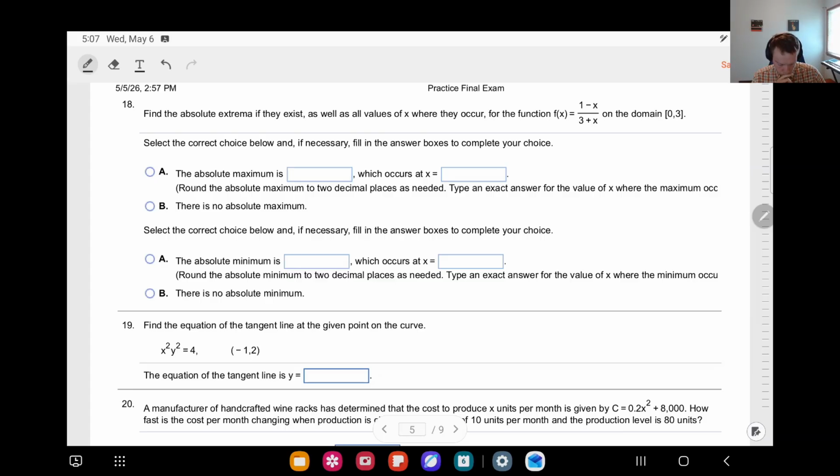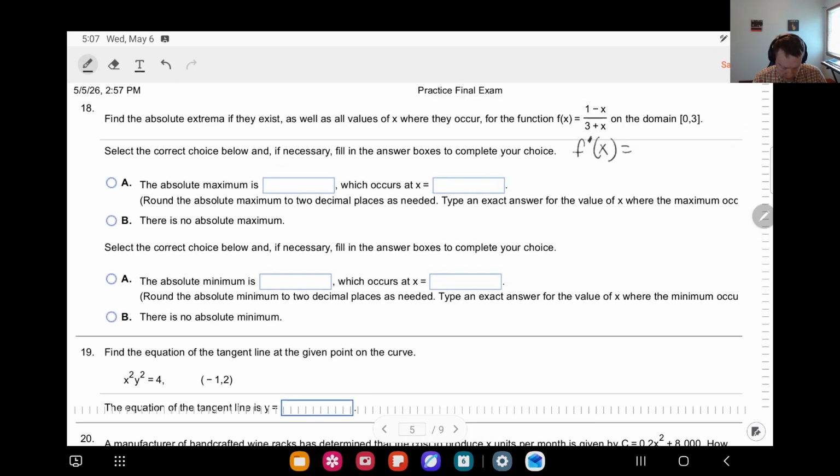Okay. So we still need to find critical points. We will need the derivative. Let's find that here. F prime of x. Well, low d high minus high d low.